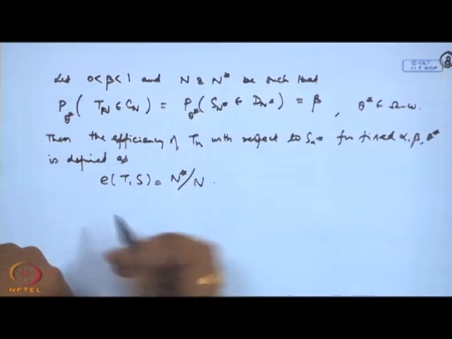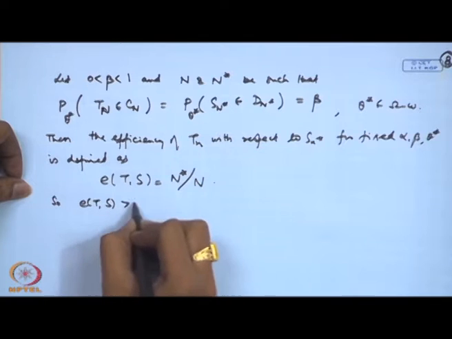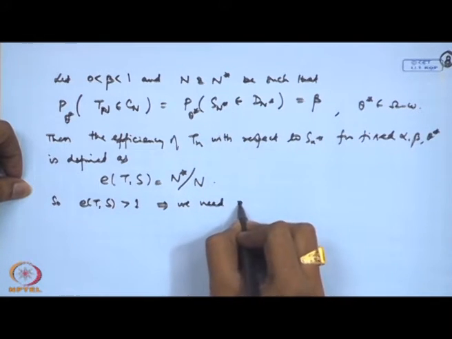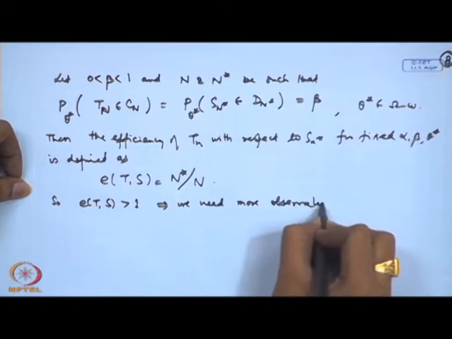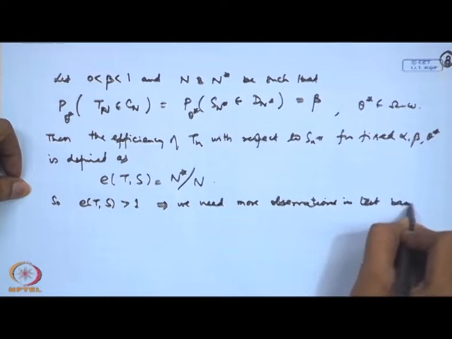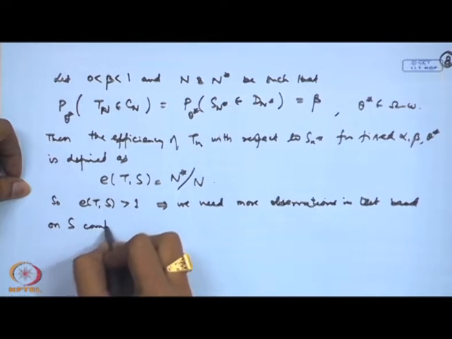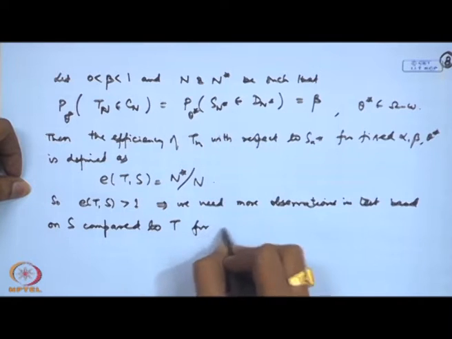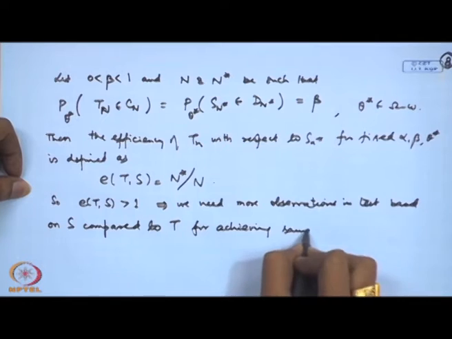So we can write that ETS greater than 1 implies that we need more observations in the test based on S compared to T for achieving the same power.